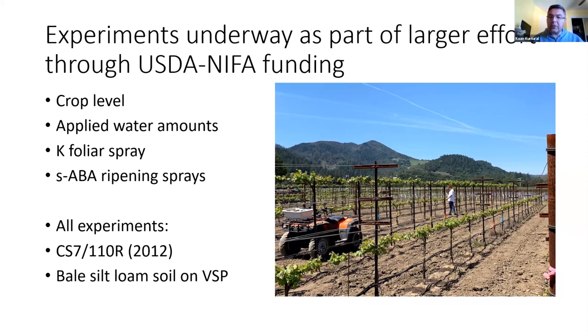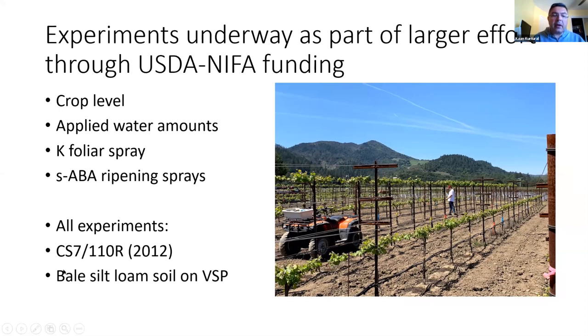So I will show you a summary of the results we have so far. The experiments started in 2020, the year of the pandemic. All experiments are done on Cabernet Sauvignon Clone 7 with rootstock 110R that was planted in 2012 on dormant bench grafts, and the grapevines came from a commercial nursery.